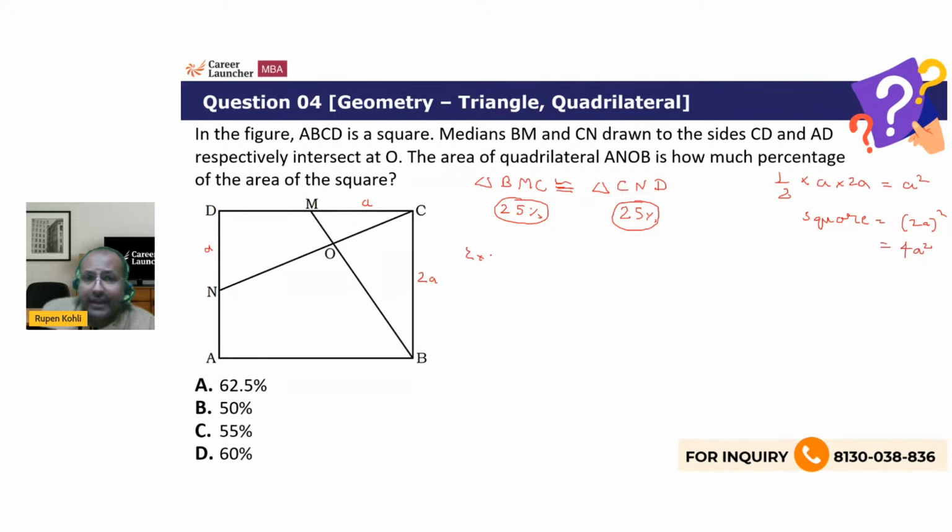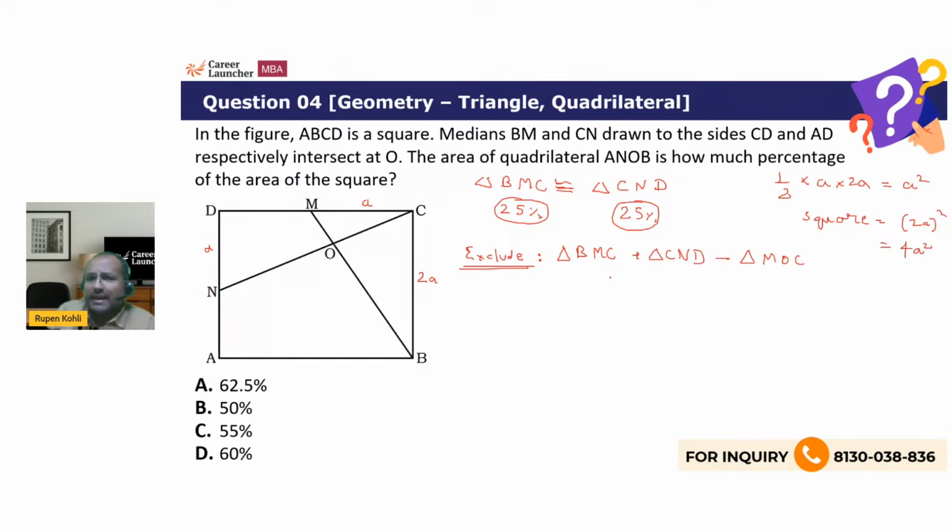So what I have to exclude, right? If I count what I have to exclude, then mathematically I have to add the areas of BMC and CND. But in doing that, MOC has been double counted. So to count it only once, we have to subtract the area of MOC.